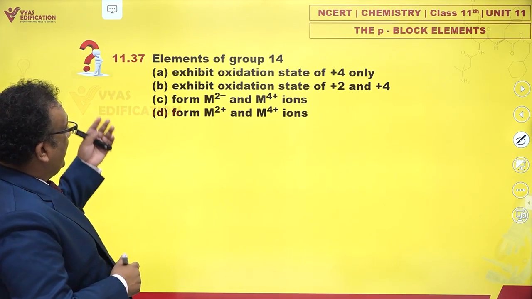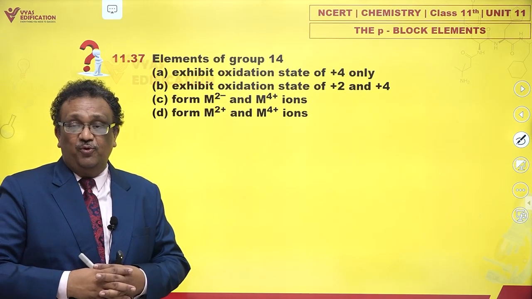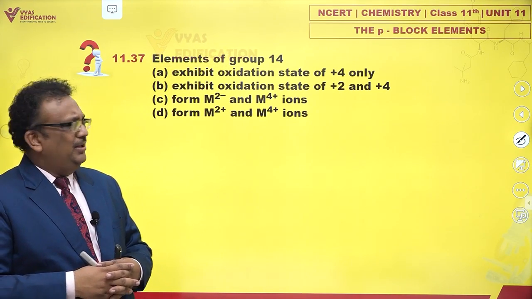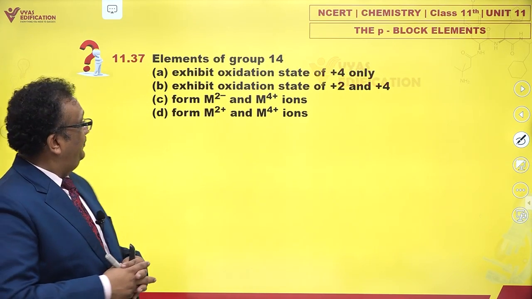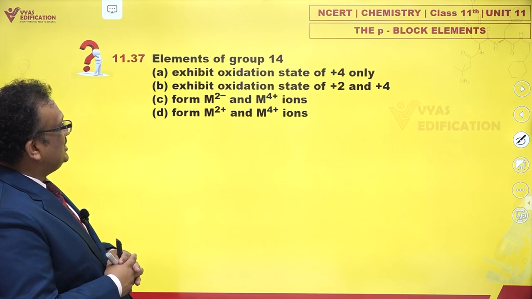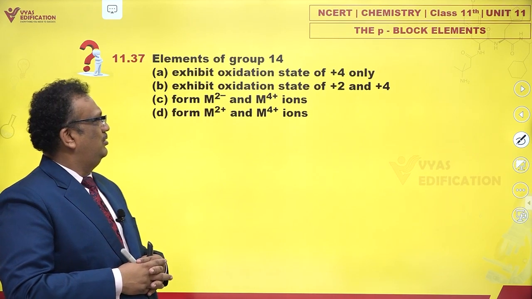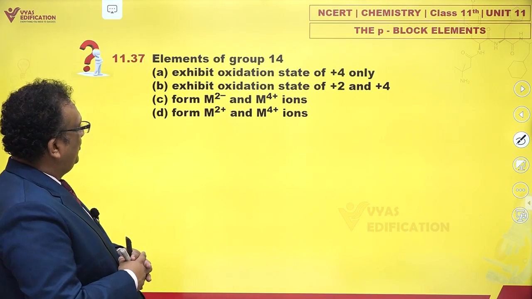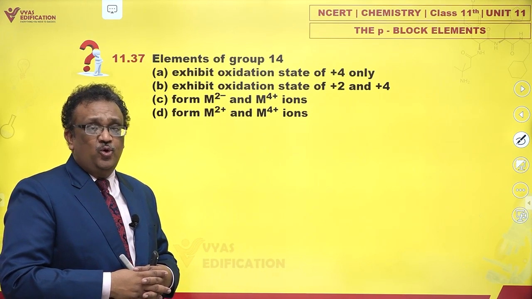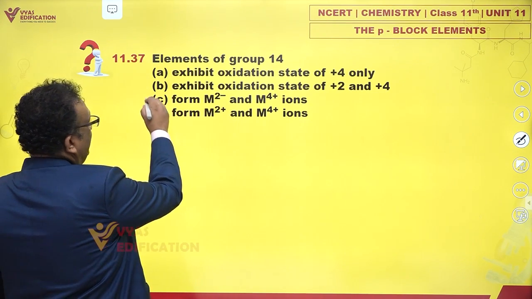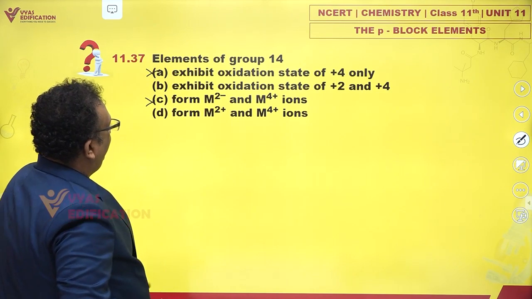Elements of group 14 exhibit oxidation state of +4 only. Some of them exhibit oxidation states of +2 and +4, many of them. Form M2- and M4+ ions. No, not really. Because for anions, you get 4- like silicon 4-, but you don't get silicon 2-. That is outrageous. This is bad.